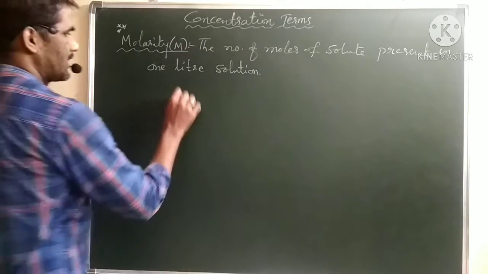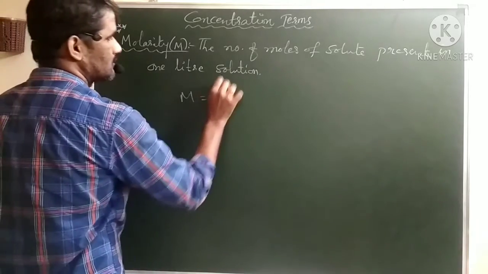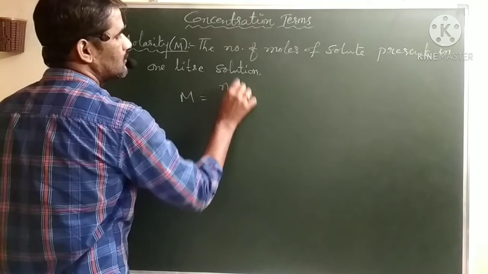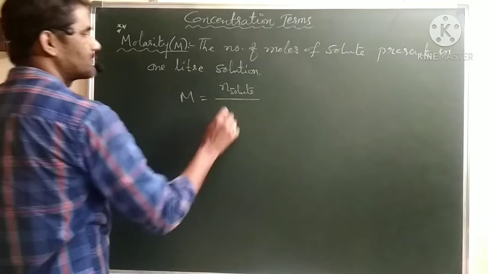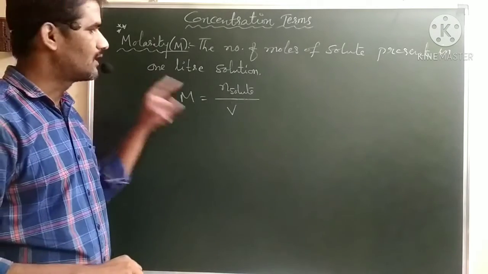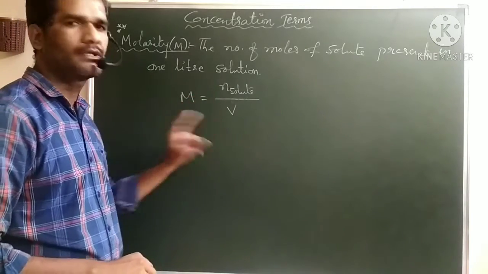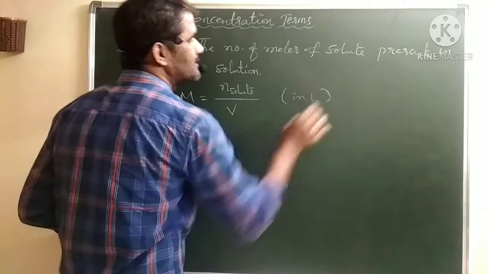So we can write molarity is equals to number of moles of solute, so moles of solute by volume of solution, that is V. If we take volume in 1 liter, so molarity is equals to N by V, where volume is in liters.